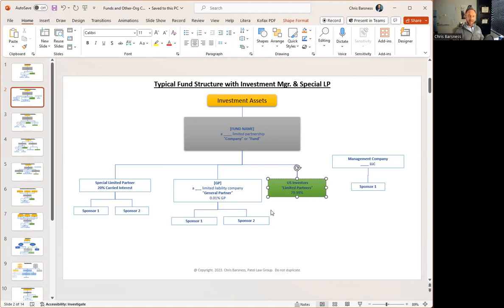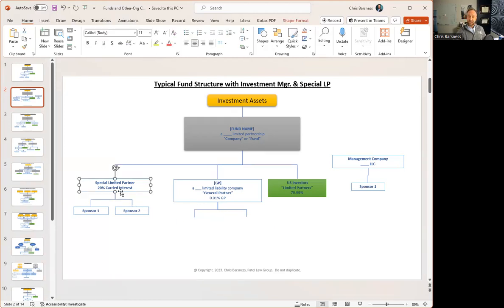Usually what the fund will say is, okay, these sponsors may come out of this general partner entity, no longer have a right to receive the 2% asset management fee or have any control over the entity. And these would go away and basically be replaced with somebody else.